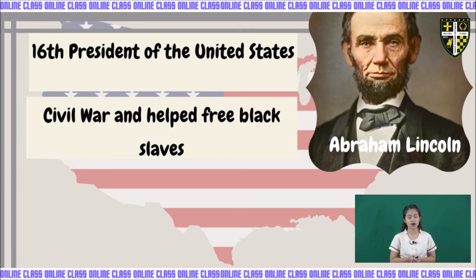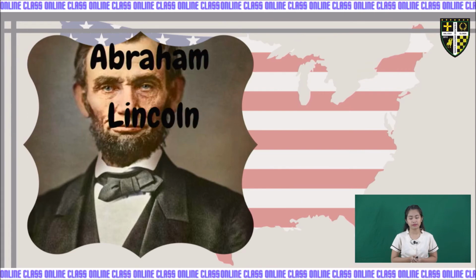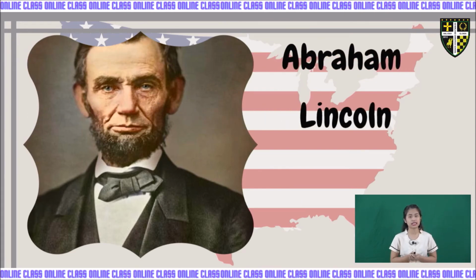Lincoln was born on February 12, 1809, and he died on April 15, 1865. Even after he died, people wanted to honor him. So again, that is Abraham Lincoln, the 16th president of the United States that won the Civil War.